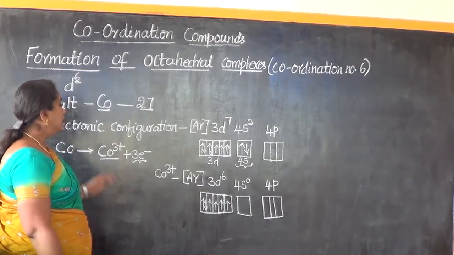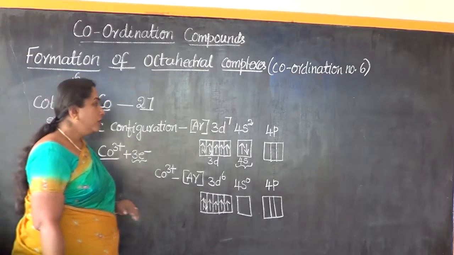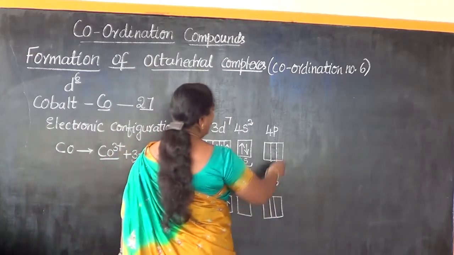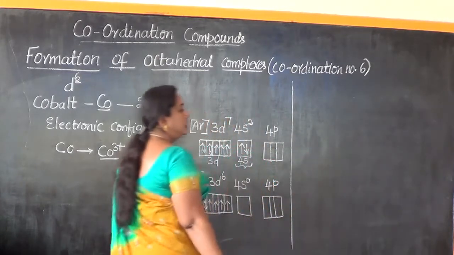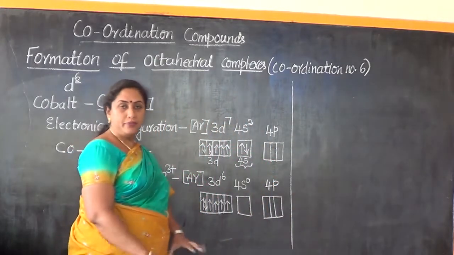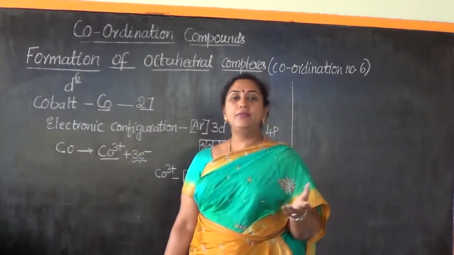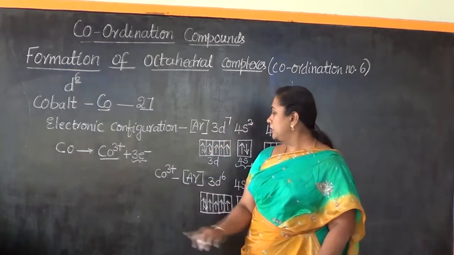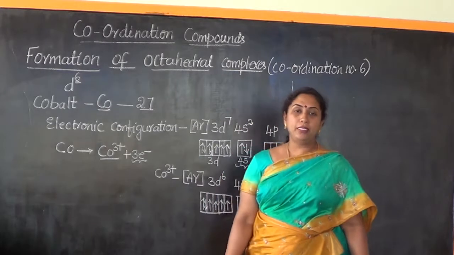Now when the ligands approach the Co3+ ion to undergo coordination complex formation, let us see how it can behave. There are two possibilities for the behavior of the Co3+ ion to undergo complex formation.